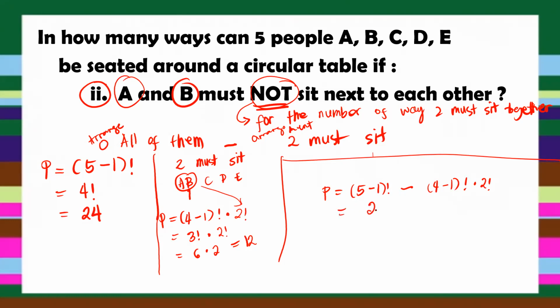Ang sagot natin dito ay 24. Ang sagot natin dito ay 12. So 24 minus 12 is 12 arrangements. So meaning, there are 12 arrangements kung saan hindi sila magkatabing dalawa. And this will be our answer for our question here, that A and B must not sit together.